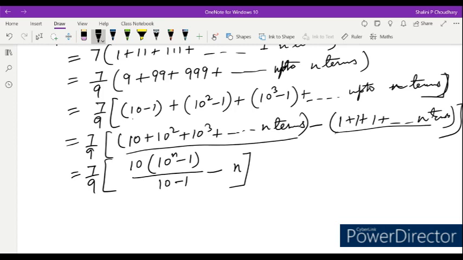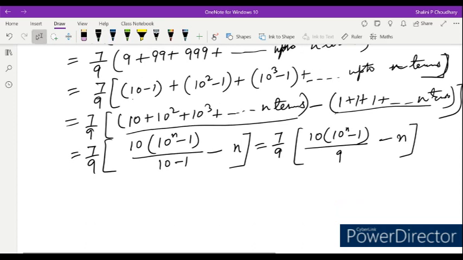So this will be equal to 7 upon 9, and the value of this one will be 10 into 10 to the power n minus 1 divided by 10 minus 1 is 9, minus n.